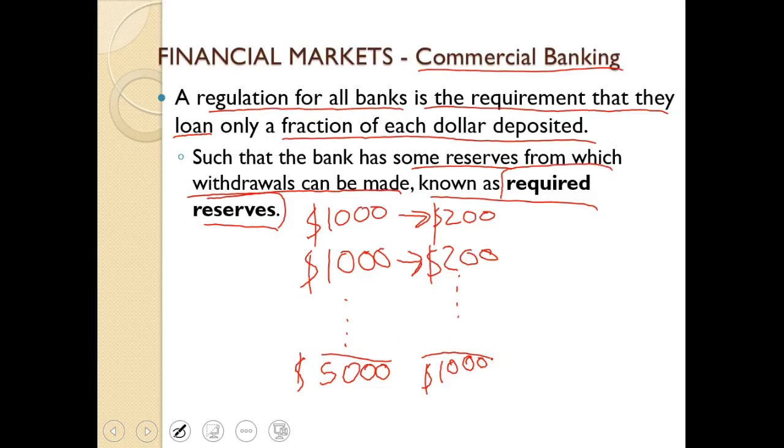You can walk into this bank and withdraw this $1,000, and the bank still has enough money. On top of that, they were able to loan out the difference of $4,000. So the required reserve is a set amount that the federal government requires banks to keep on hand in case somebody would like to withdraw something from their account.